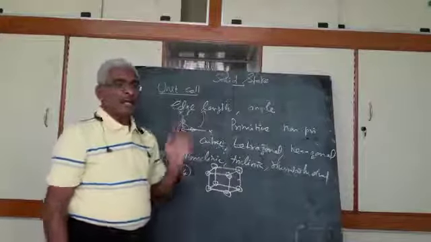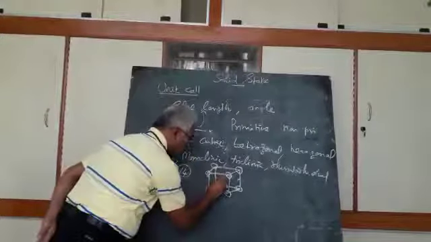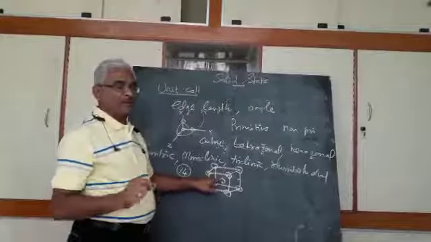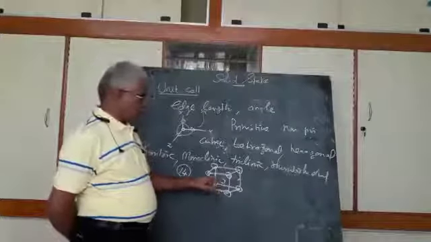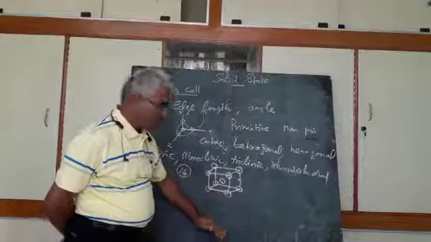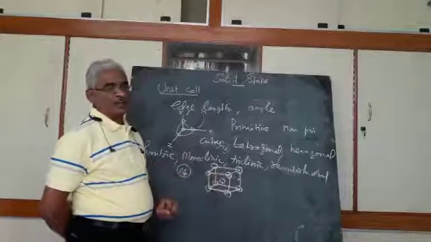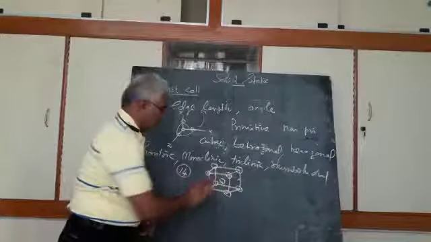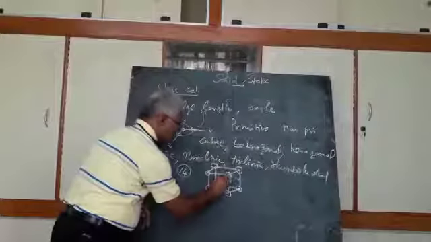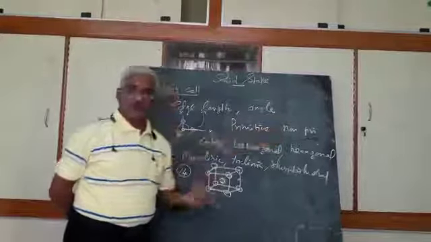If an atom is present at the body center, at the center of these 4 atoms at the bottom and these 4 atoms at the top, this is called the body center. This is an additional point along with the corners. If an atom is present in an additional point like at the body center, it comes under non-primitive.